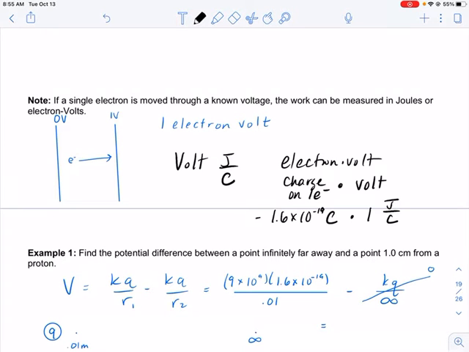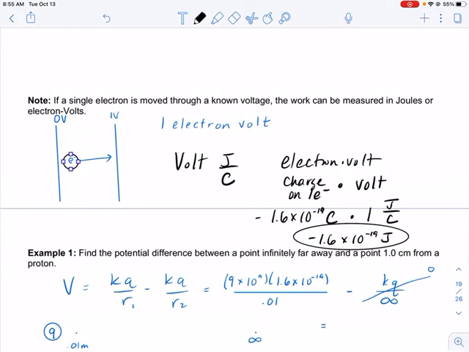When I multiply this out, I get that an electron volt is negative 1.6 times 10 to the negative 19th joules. This is the energy it takes to move an electron through 1 volt of potential.